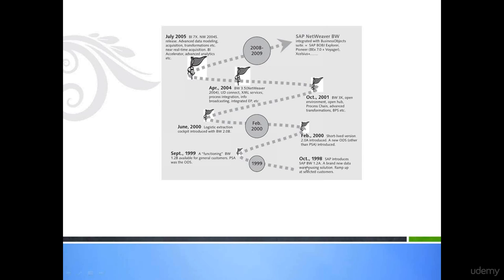So that's when they started BW 1.2, and then slowly the ladder went up, and right now the latest version is 7.4, which is an integrated module of business warehouse plus business objects, with web intelligence, business object design studio, and several other modules. We will be learning how to bring data into the business warehouse itself.